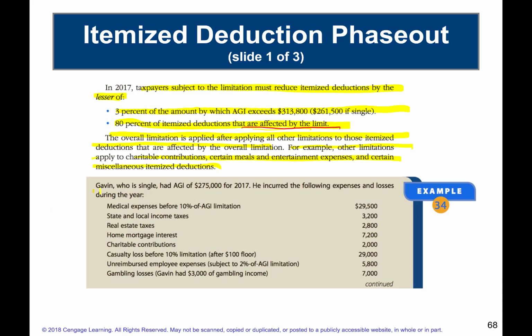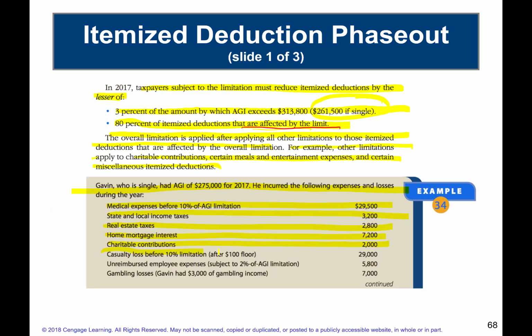Okay, so the best way to understand this phase out is to look at this person who's a single individual making 275. Notice up here, you say, well, I thought it was 313,800, but for single individuals, it's 261. So he has all of these itemized deductions: his medical expenses, his state and local taxes, real estate taxes, interest on his home, charitable contribution, casualty loss of 29,000, unreimbursed employee expenses that have the 2% of AGI limitation, gambling losses, of which he had winnings of 3,000.